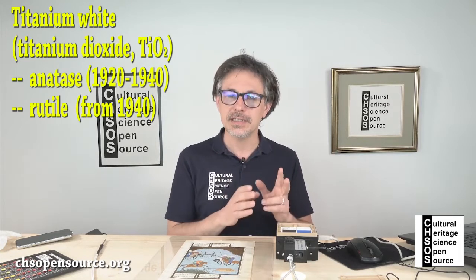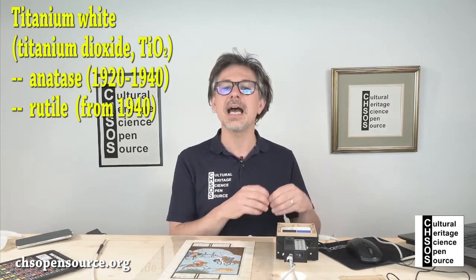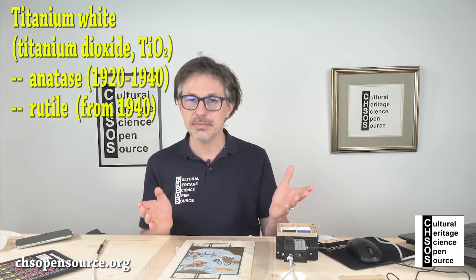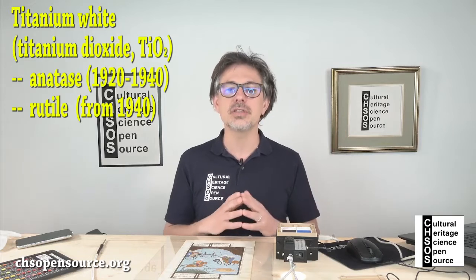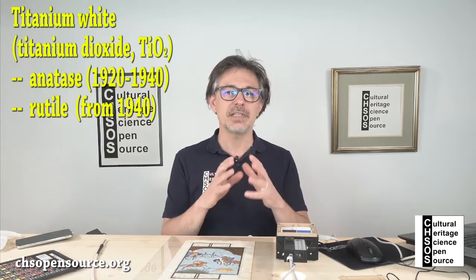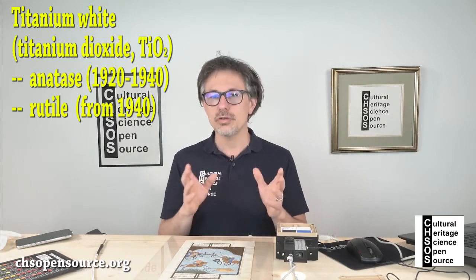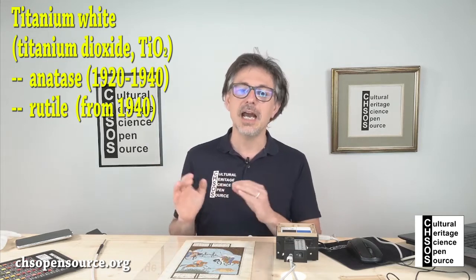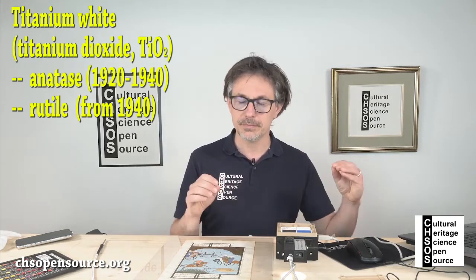Indeed, titanium white can be made of two different kinds of crystals. These crystals, rutile and anatase, are made of the same atoms, so titanium and two atoms of oxygen. But they have a different shape, so the two crystals, anatase and rutile, are said to be polymorphs.